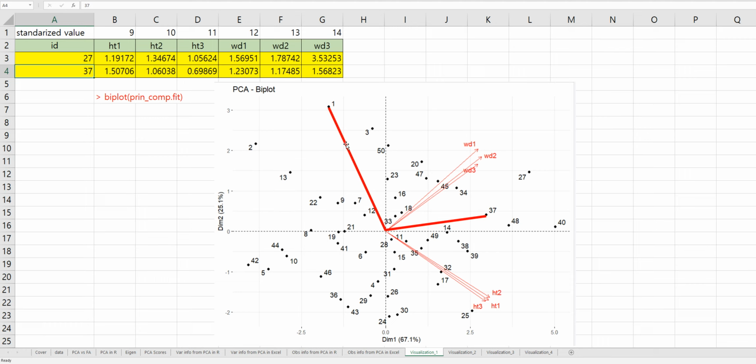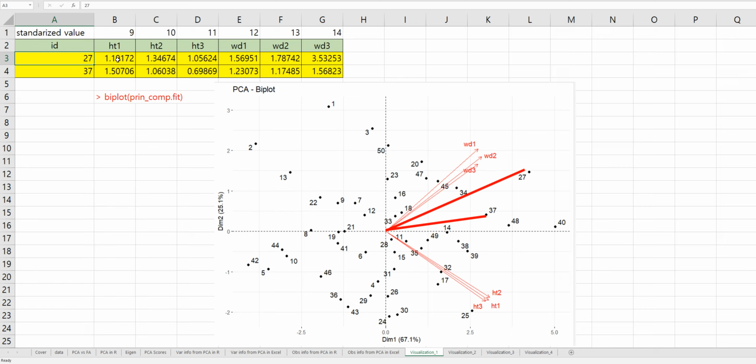Next, I want to compare these two, 37 and 27. We can expect these two observations have positive standardized values. However, this 27th observation actually has a further distance compared to this one.